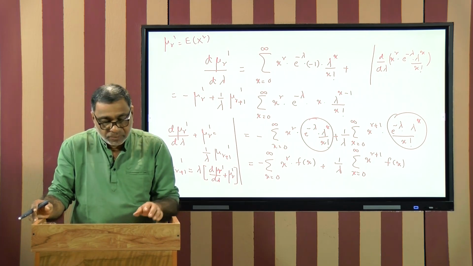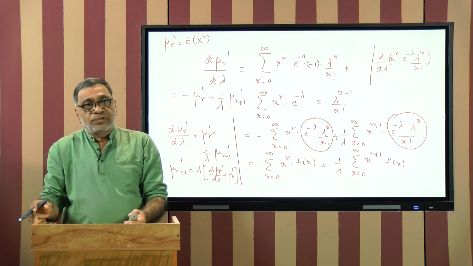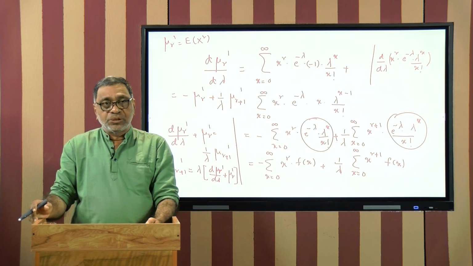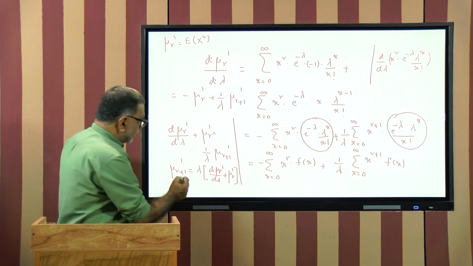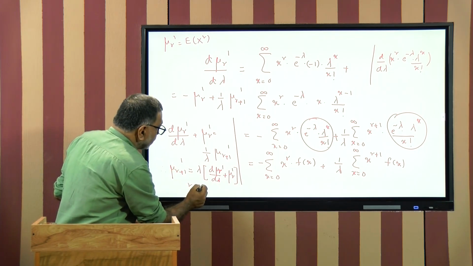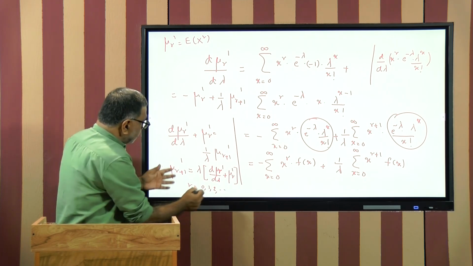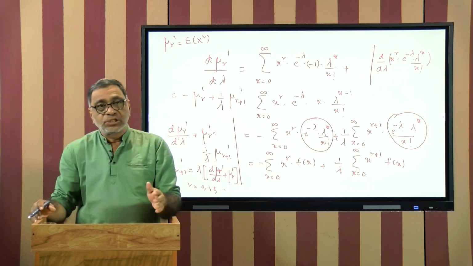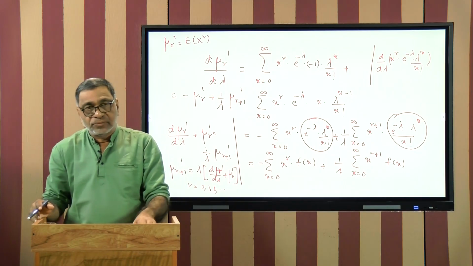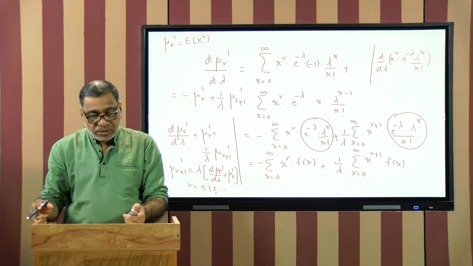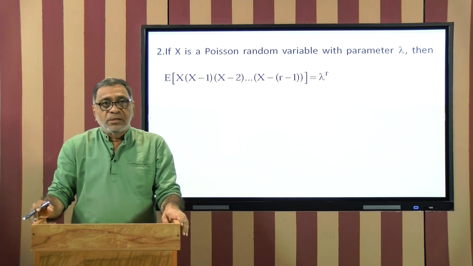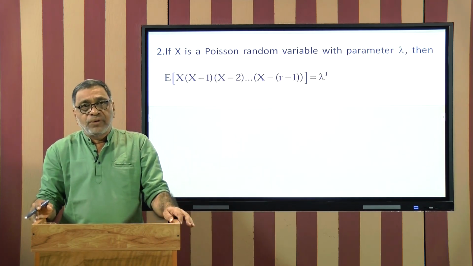This is a very important formula with respect to arbitrary moments of the Poisson distribution. Here r can be any value from 0, 1, 2, etc. Substituting the r values successively, you will get the values of μ_1', μ_2', μ_3', etc.